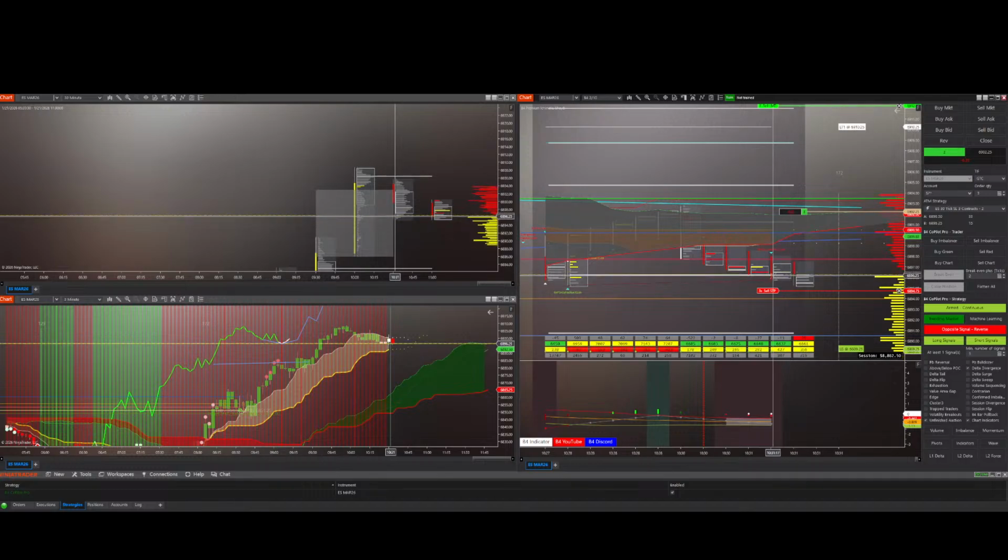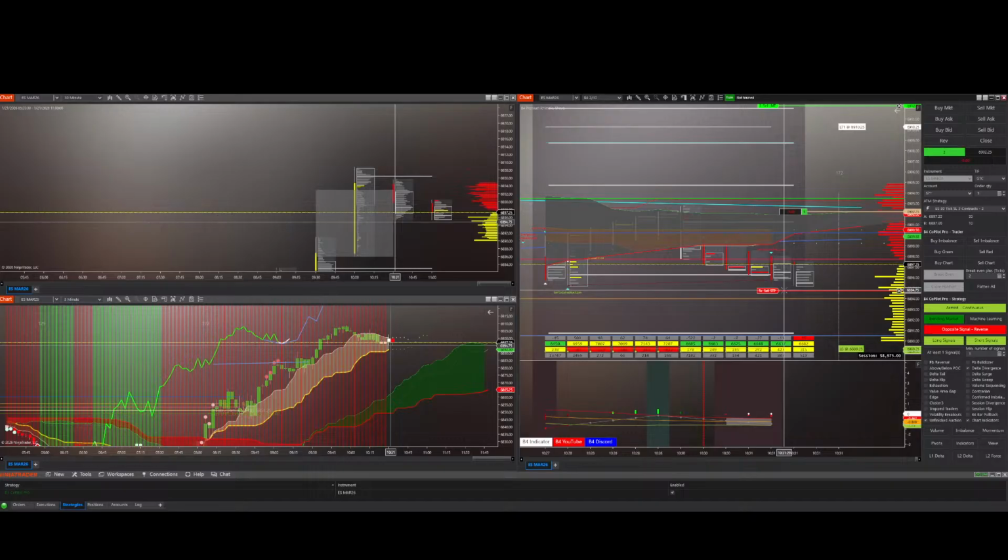Now that didn't flip my position because this was a manually entered position here.